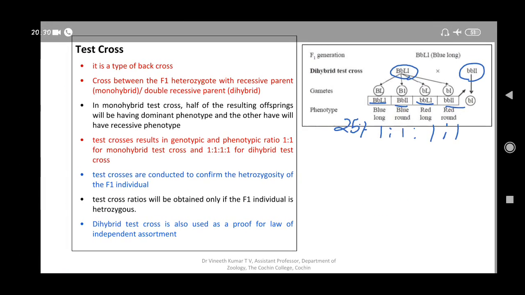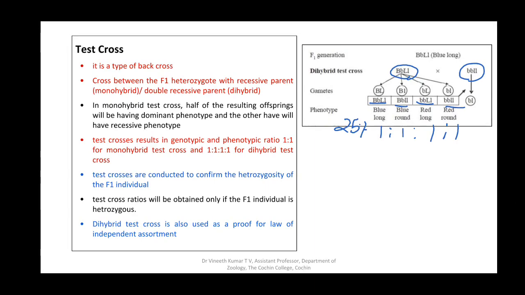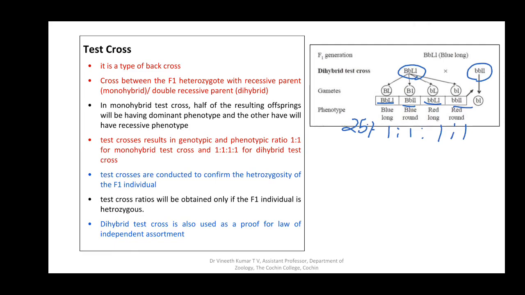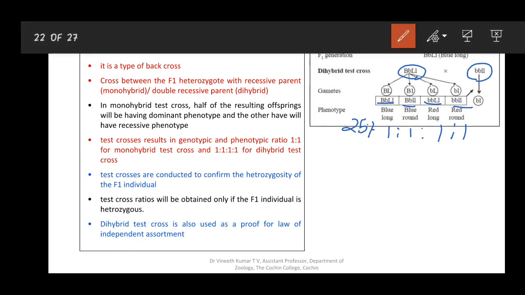Test crosses are usually conducted to confirm heterozygosity of the F1 individual. So we'll see how it is. I'll take the previous example itself. I don't know the genotype of my plants, because when Mendel did the experiments, he just knew the phenotype of the plant. So now I have the phenotype of a plant which is tall.